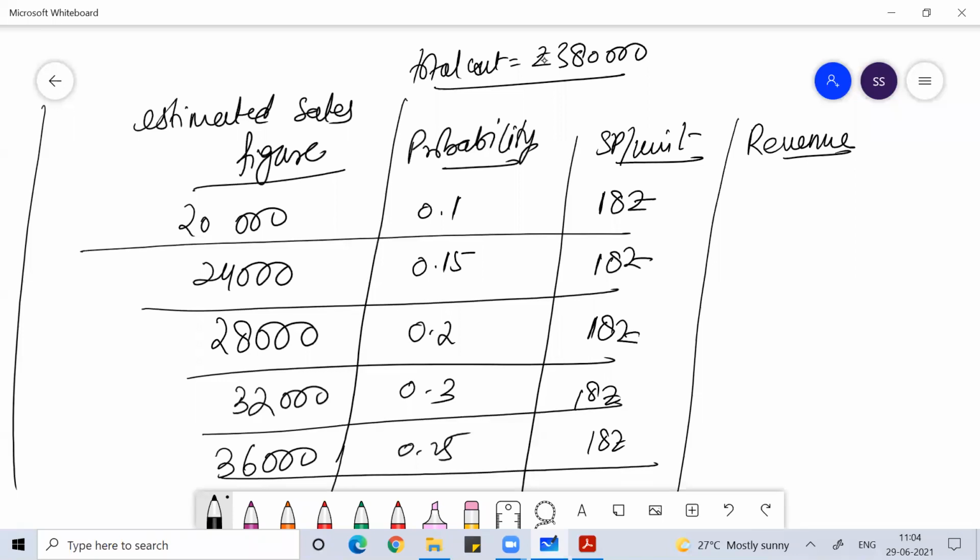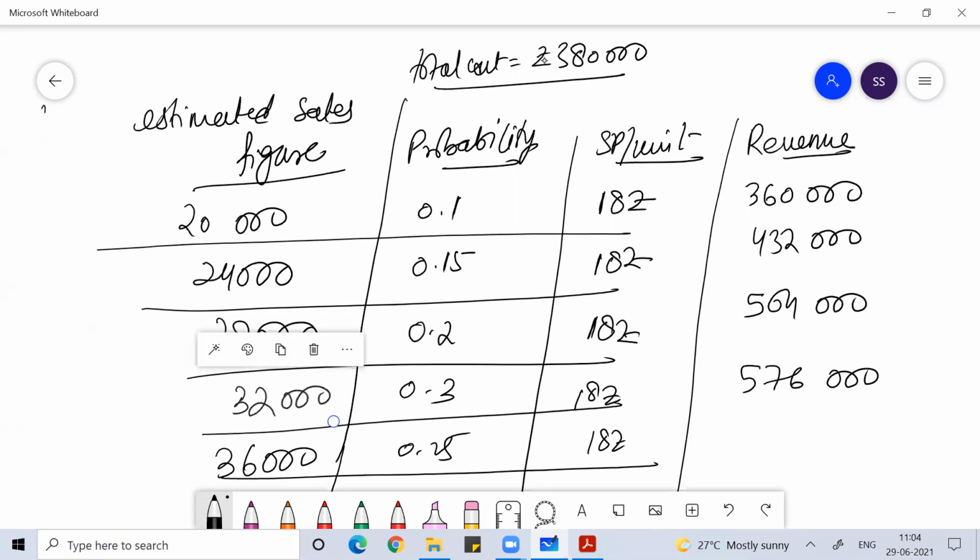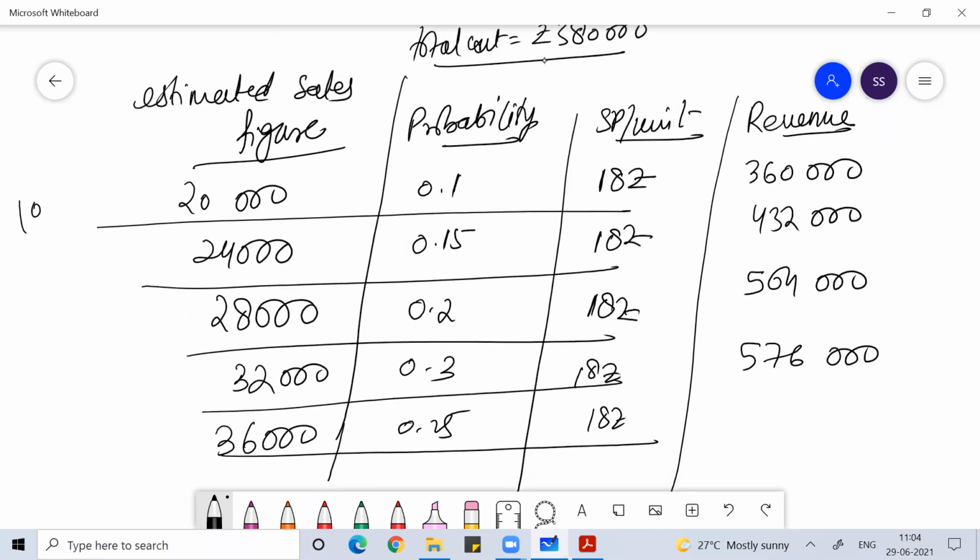Your revenue would be 3,60,000 for 20,000 units. For 24,000 units, 18 into 24 is 432, so 4,32,000. For 28,000 units, 18 into 28 is 504, so 5,04,000. For 32,000 units, 18 into 32 is 576, so 5,76,000. For 36,000 units, 18 into 36 is 648, so 6,48,000.